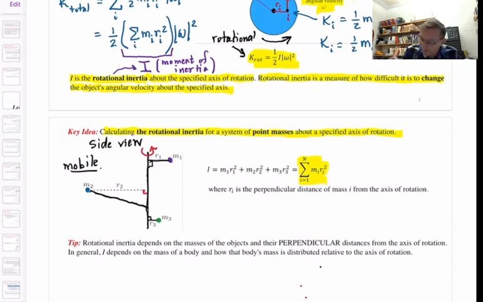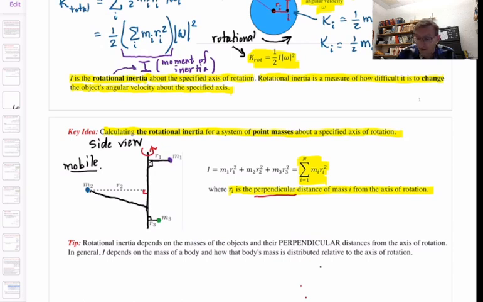Be careful, though. r_i is the perpendicular distance of mass i from the axis of rotation. So in this case, to calculate the rotational inertia of that mobile, I would take the value of m1 times that distance r1 squared, plus m2 times r2 squared, and then plus m3 times r3 squared.